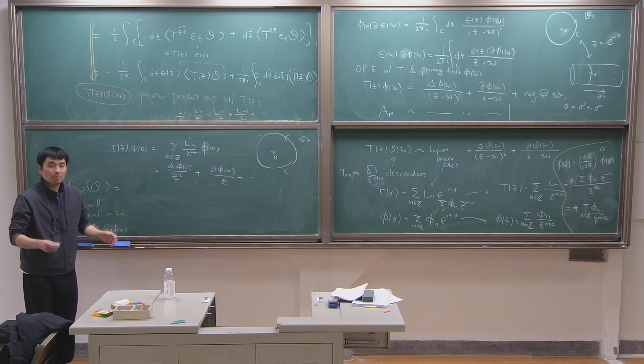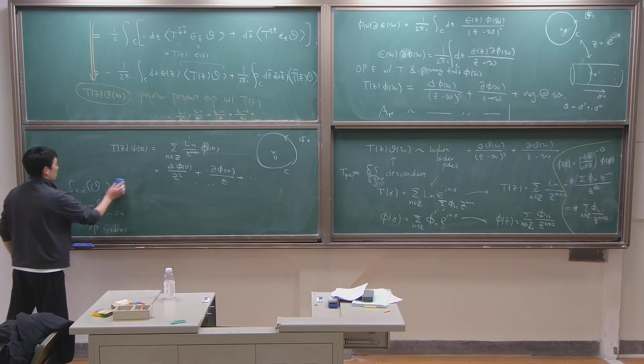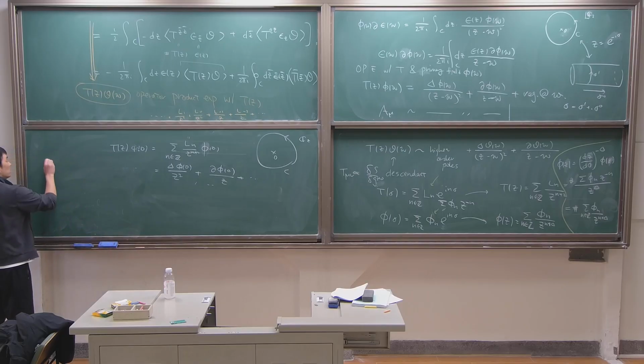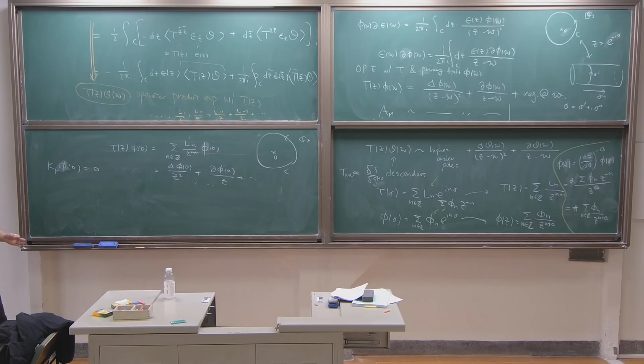But what was the philosophy of defining a primary field? What we want is that K annihilates the operator O equal to phi, let's say. K of phi equal to 0. That's what we want to define our primary field.